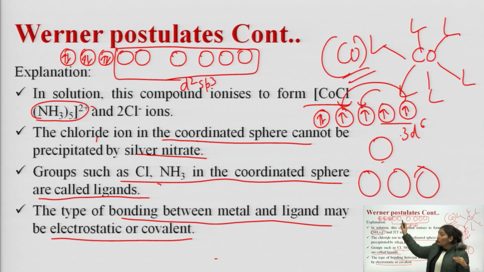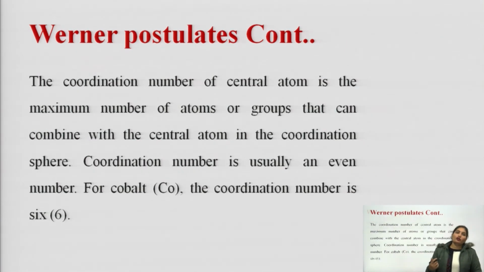And when these 2 orbitals are vacant, the hybridization becomes d2sp3, meaning it has 1, 2, 3, 4, 5, 6 vacant orbitals and 6 ligand molecules or 6 electron pair donors can bind to this cobalt to form the coordination sphere. Okay. So, the coordination number of cobalt is 6 in this case.